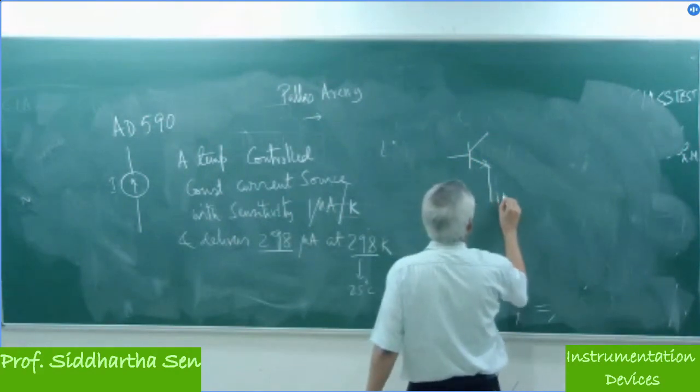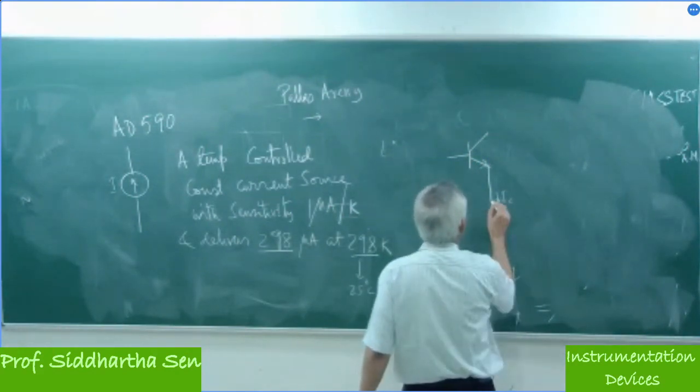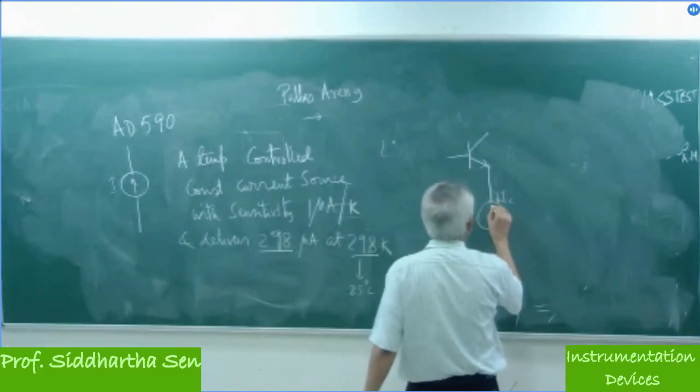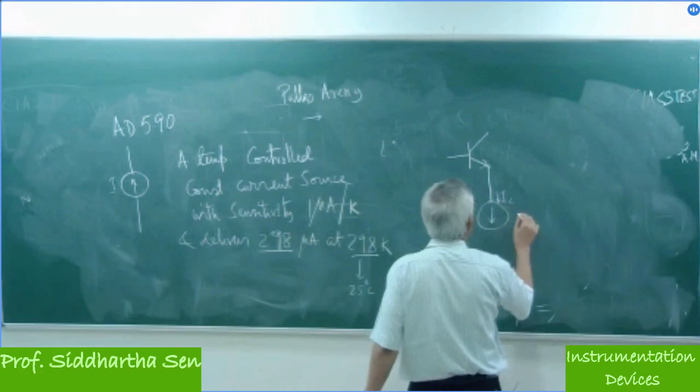What would be the value of current IC? I can control it by connecting it to a constant current source.